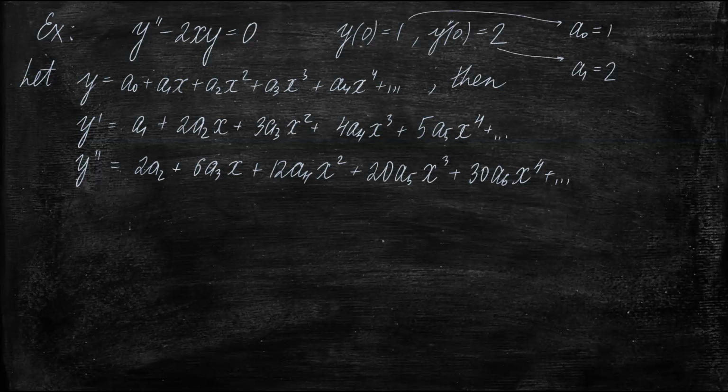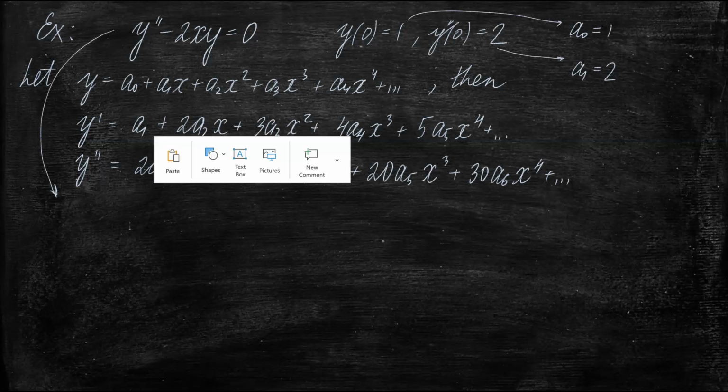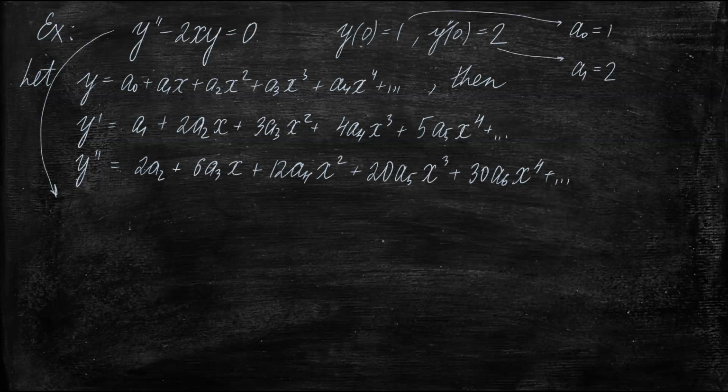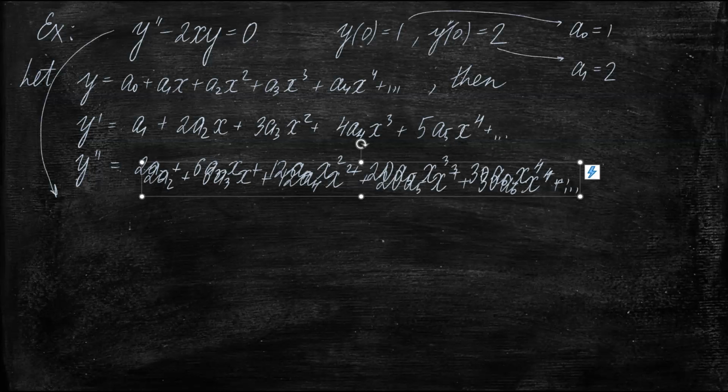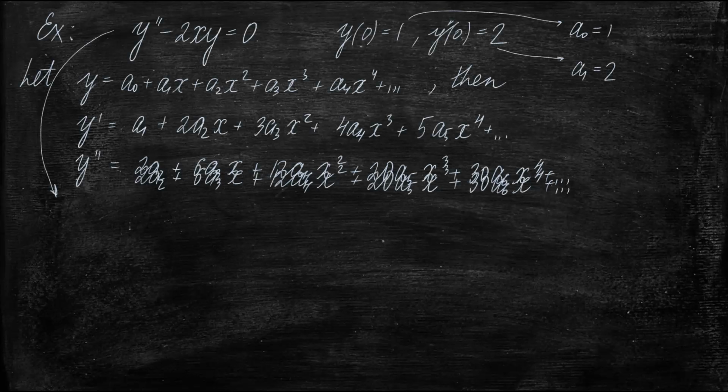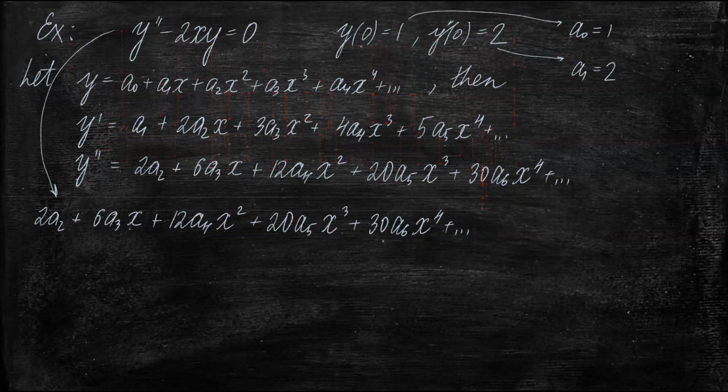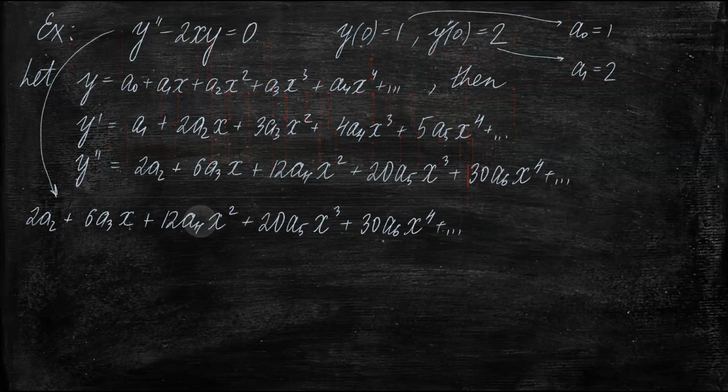And now we're going to set up this equation. So we're going to take the y double prime. Just instead of rewriting it, I'm just going to take the copy of this. So this is my y double prime.